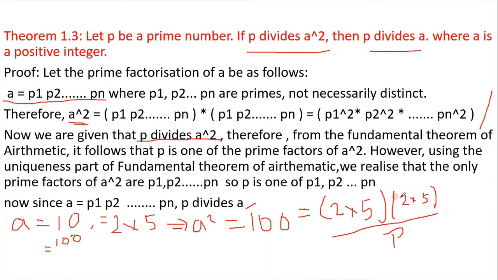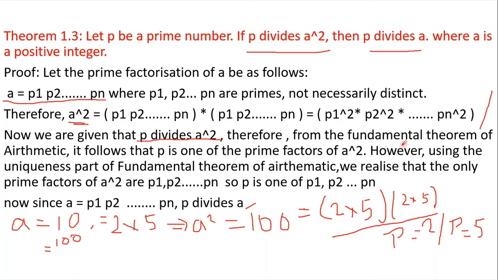If this total term can be divided by P, that means P also belongs to one of the prime factors. That is, the value of P may be equal to 2 or the value of P may be equal to 5. That is the only case in which A square is divided by P.